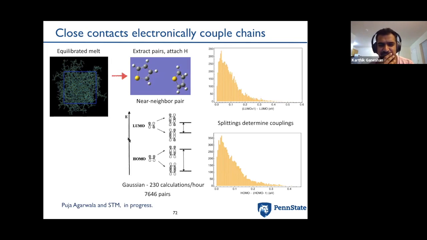I have a question that I might have missed. In this, you're extracting two pairs, as in just a pair of molecules, right? So you are not considering the effect of its neighbors? That's right, because the thing that we're calculating... I'm sorry, I had to shut down the share in order to get my mouse back, actually, but I can put the share back up if I need to.